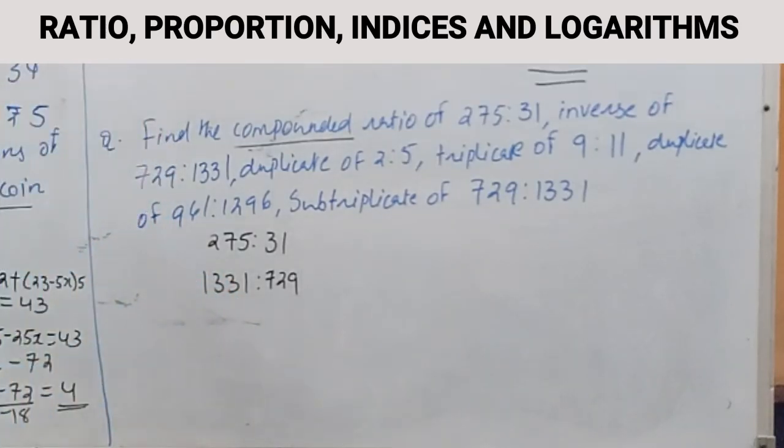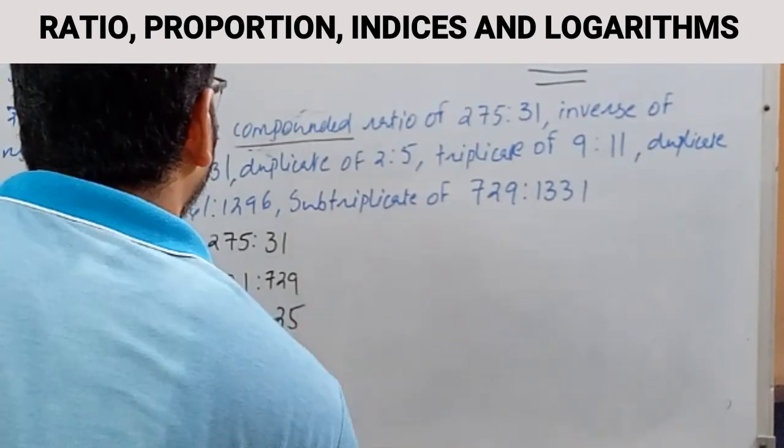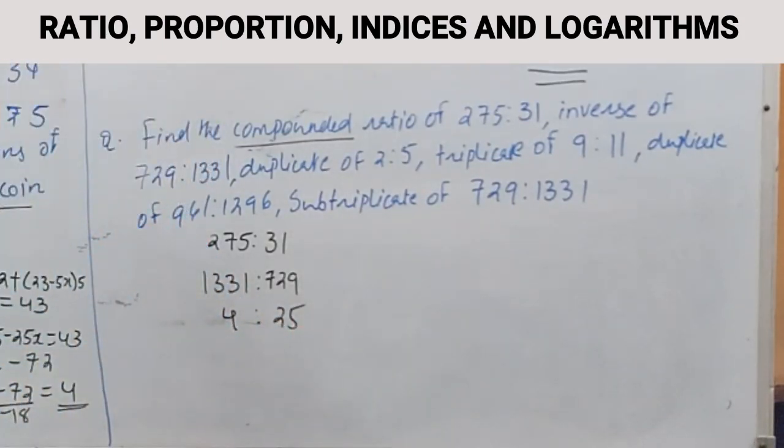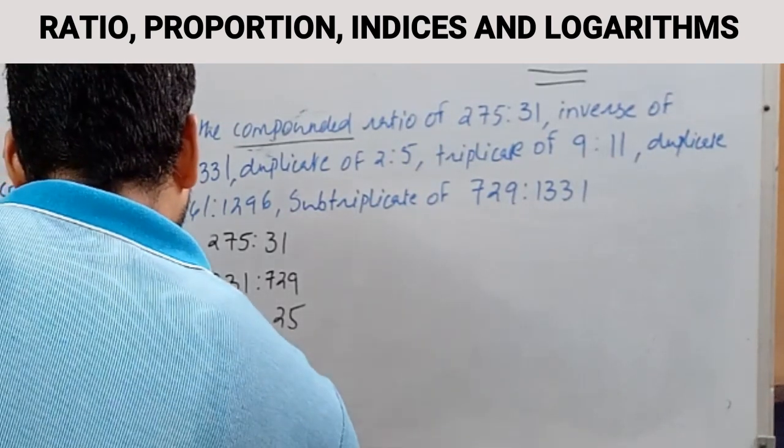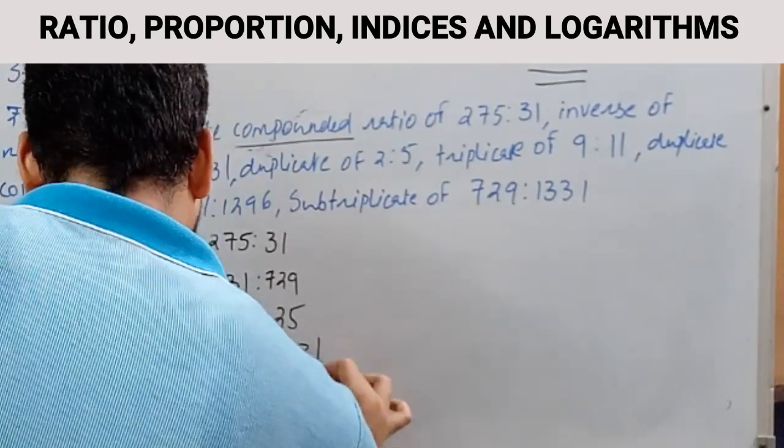Then the duplicate of 2:5 means 2 square is to 5 square, 4 is to 25. Then the triplicate of 9 is to 11 means 9 cube is to 11 cube. 9 cube will be 729 is to 1331.